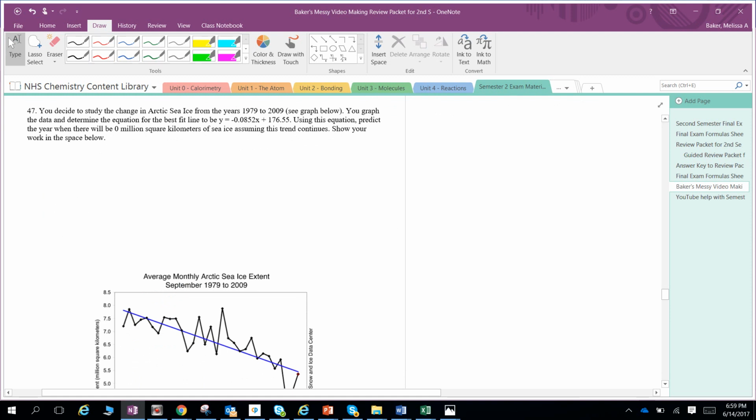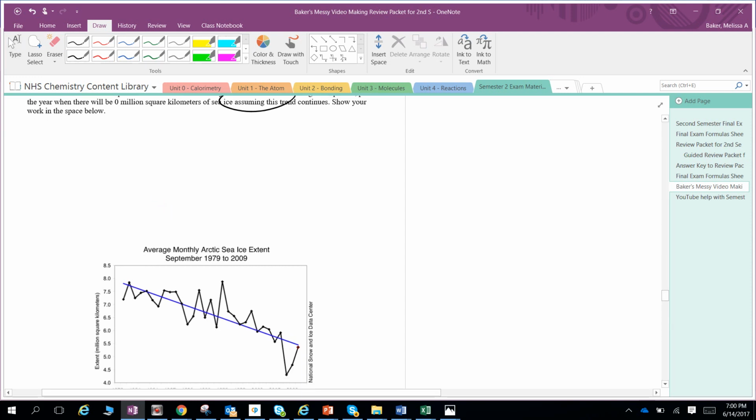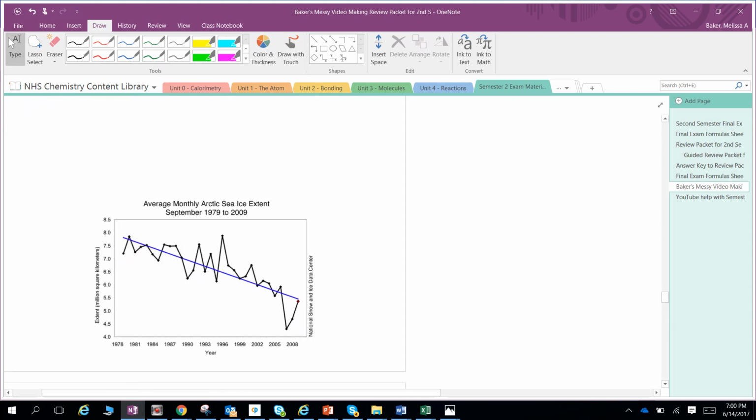It says you decide to study the change in Arctic sea ice from the years 1979 to 2009. You graph your data and you get a best fit line. Using this equation, predict the year where there will be 0 million square kilometers of sea ice, assuming this trend continues.